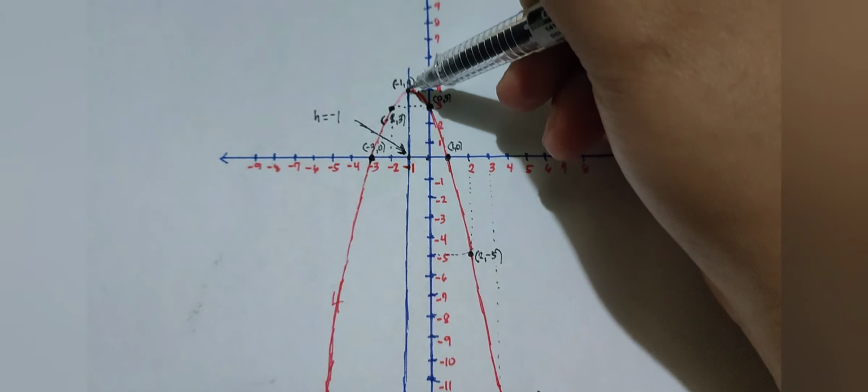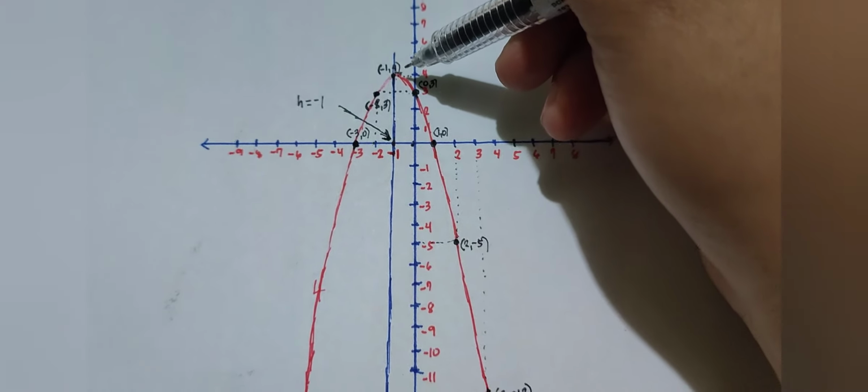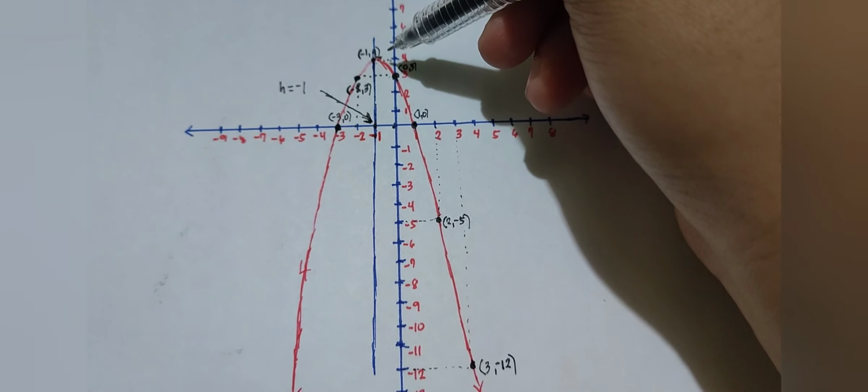So, itong vertex, kung saan naka-align yung vertex sa y-axis, yun yung kanyang value ng k. So, ang vertex natin is naka-align siya dito sa 4. So, yan, 4. So, ibig sabihin, lagyan ko lang din ng arrow, ang value ng k is positive 4.